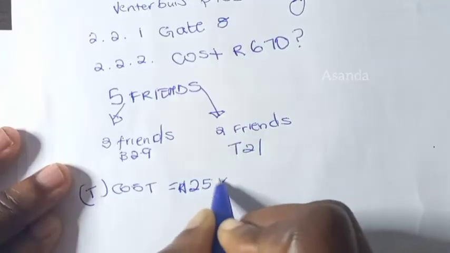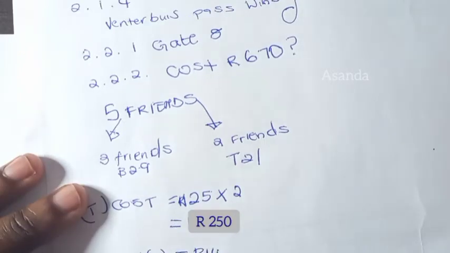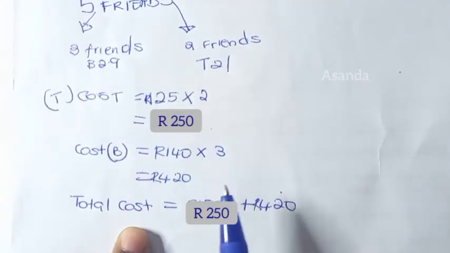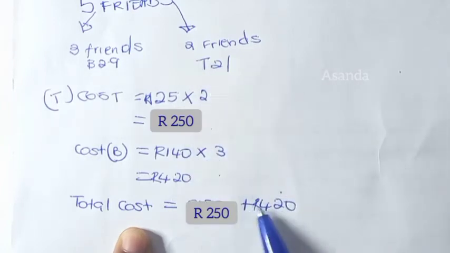T21. 2 friends times 125 rands, and then for the cost of the B block, 140 rands times 3, which is 420 rands. Calculate for the 2 friends separately and for the 3 friends, and then add the two because you said the whole amount of money.